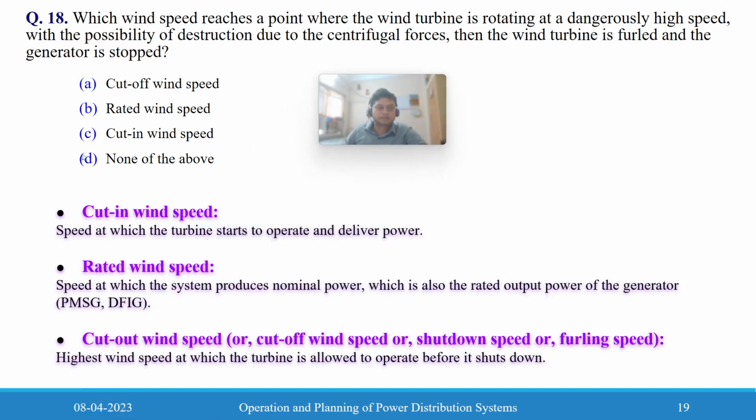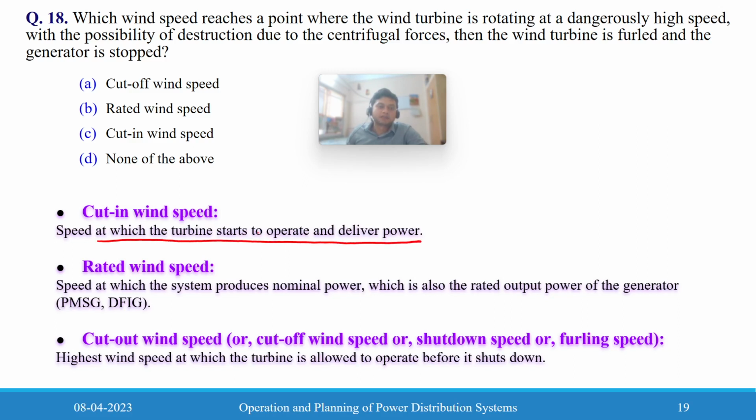So we know that there are three terms related to wind energy: cut-in wind speed, rated wind speed, and cut-out wind speed. Cut-out wind speed is also called cut-off wind speed, shutdown speed or furling speed. Cut-in wind speed is the speed at which the turbine starts to operate and deliver power, below which the turbine is unable to produce power.